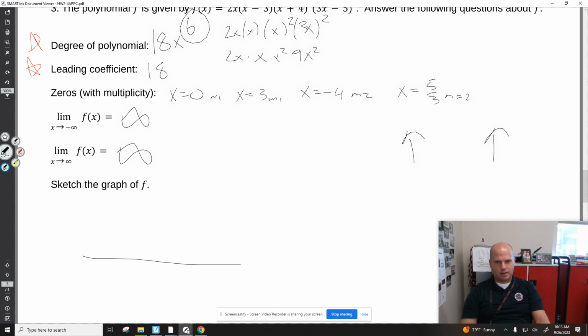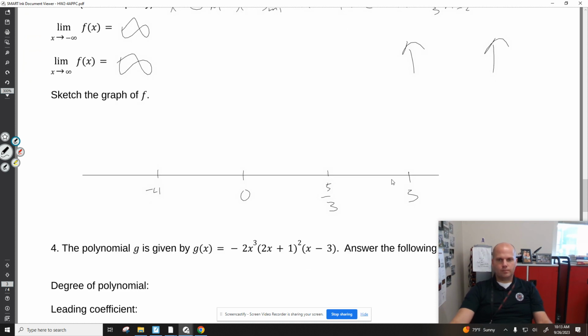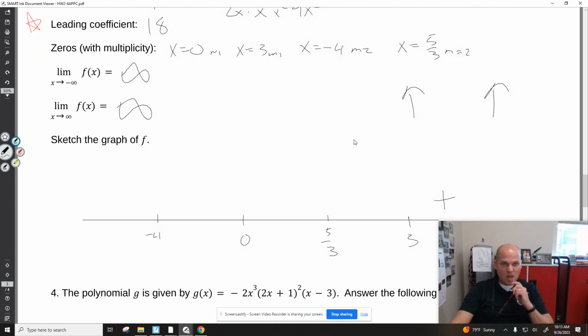Well, again, you don't have to use the end behavior. You could just use a sign chart. But this end behavior is telling you you have positives.